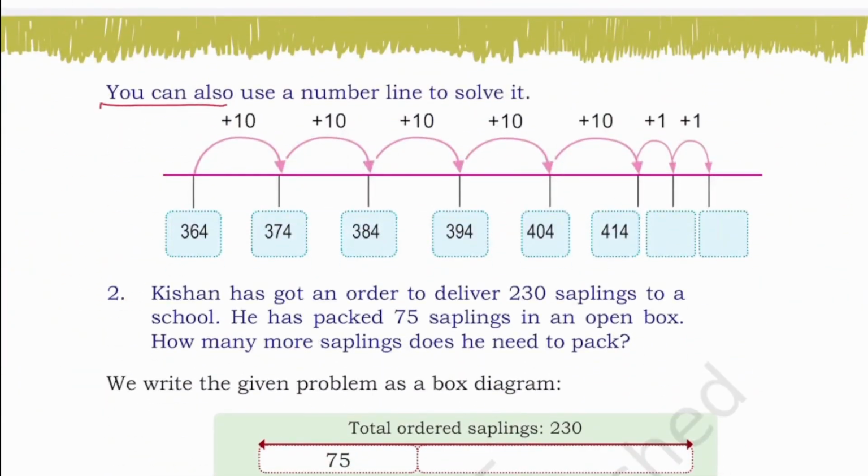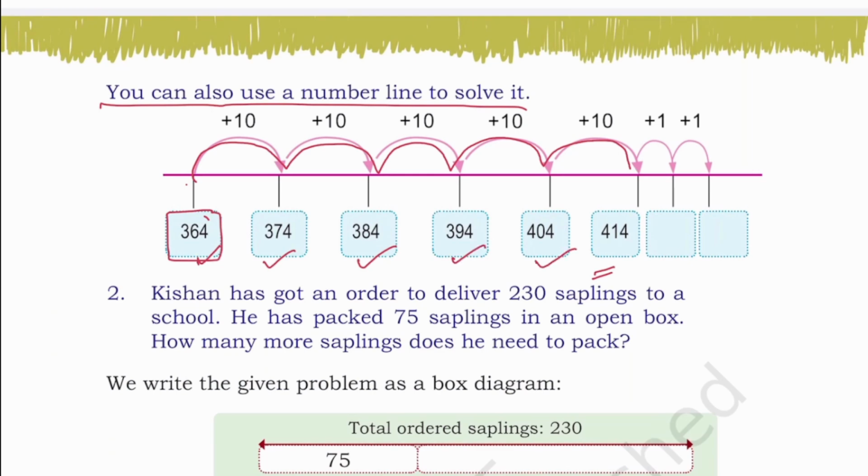You can also use a number line to solve it. For example, when 50 is added to 364, that is 10, 10, 10, 10, 10, 5 times, that is 414. That is, if you add 10 to 364, 374, then 10, 384, 394, 404, 414.